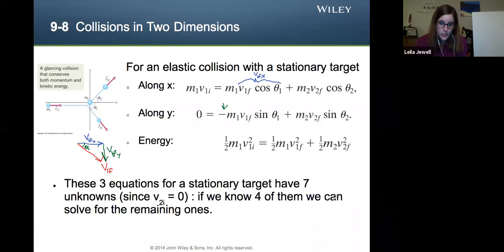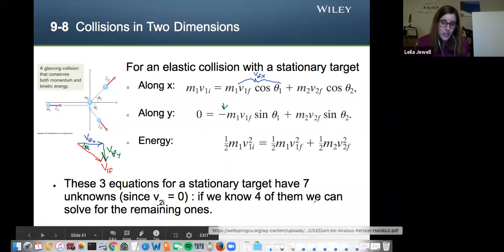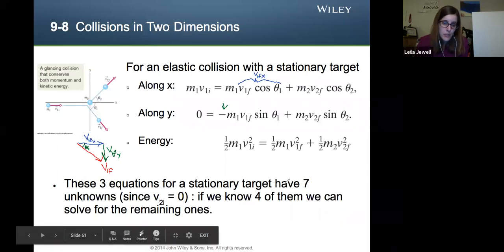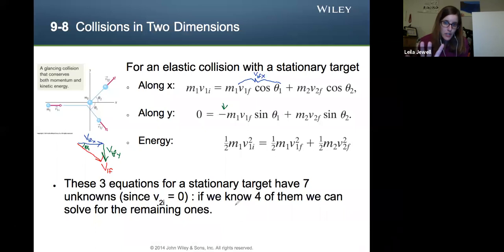So these are the equations for a stationary target, and there are 7 unknowns. Since we know that our v2i is equal to 0, we don't have a full 8, we just have 7. That means if we know any 4 of these variables, let's say m1, m2, v1i, v1f, then we can solve for the remaining ones.